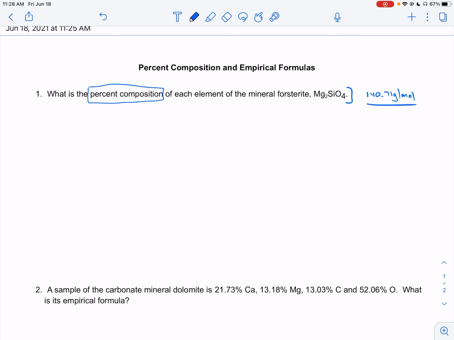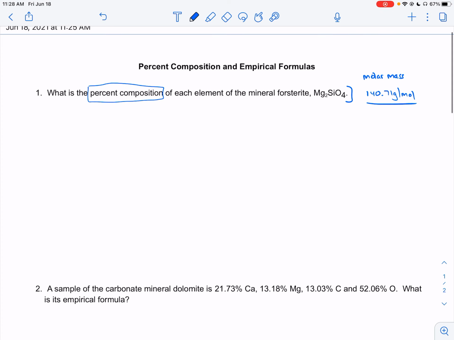So that's our molar mass of the whole compound. Now, what we're going to do next is we're going to find the mass of each element in 1 mole of our sample.